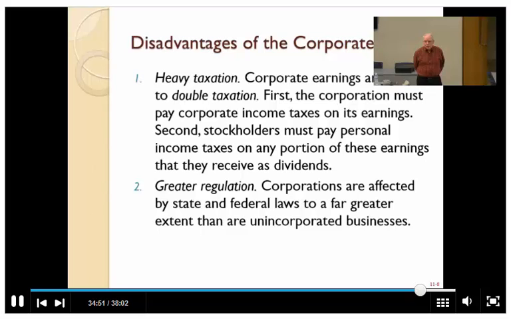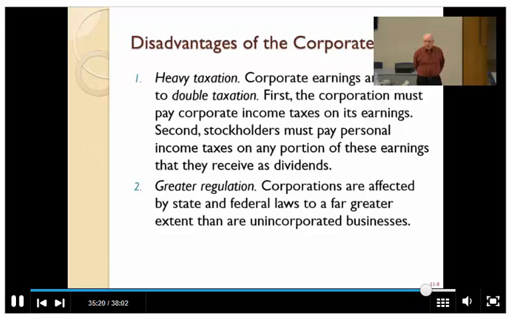If I declare a dividend and the stockholder receives the dividend, they are also taxed on a personal basis for the dividends that they receive. So biggest advantage, limited liability. Biggest disadvantage, double taxation. Now with corporations, especially publicly traded corporations, there's greater regulation.